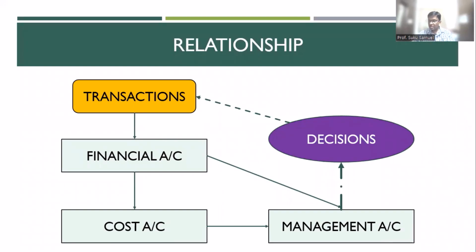Whatever information the management accountant is able to generate or collate with the help of the cost accountant and financial accounting gets passed on to the top level management, and the top level management would use this information to take certain key business decisions. When decisions are taken, those decisions in turn translate to, again, transactions. I gave you the example of how Reliance decided to acquire Metro Retail.